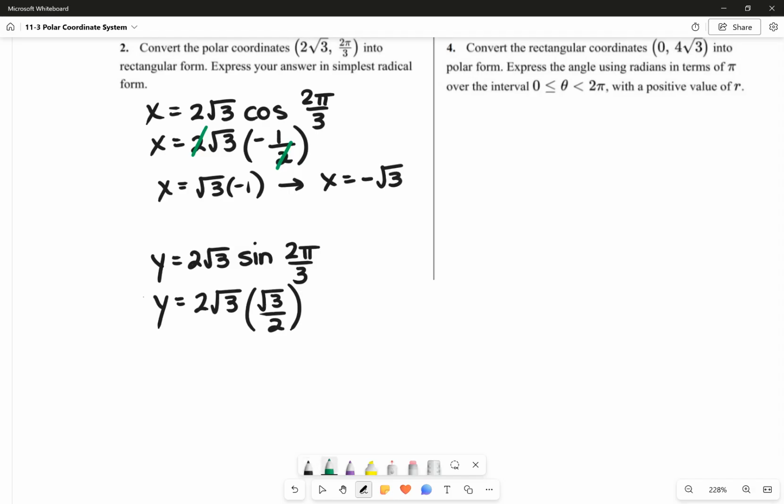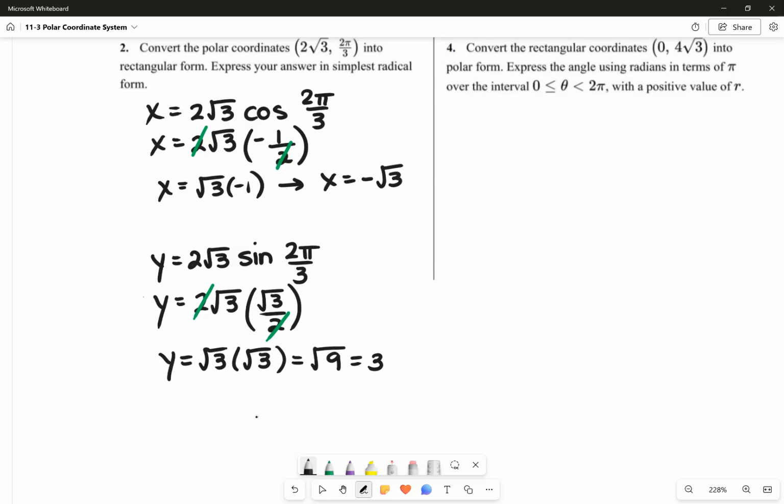Over here, same idea. The 2's cancel out. So y is square root of 3 times square root of 3, which is equal to 3. Because square root of 3 times square root of 3 is square root of 9, which is 3.